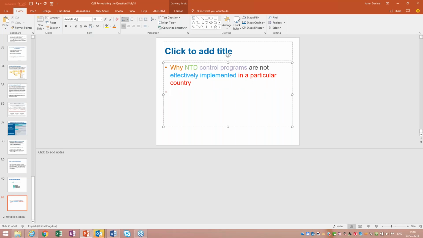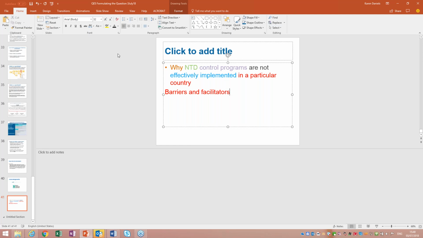If you break this down, the particular country you may not be able to get specifics on, but if I were going to rethink this for qualitative evidence synthesis, some of the questions I might ask are things like barriers and facilitators. So I would look for primary studies that looked at barriers and facilitators.